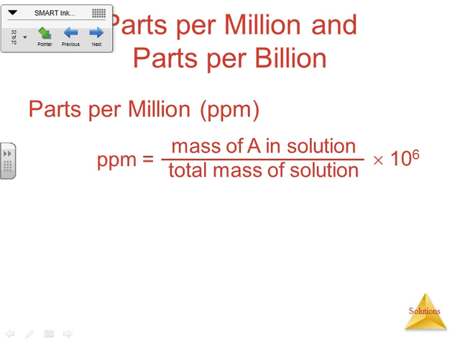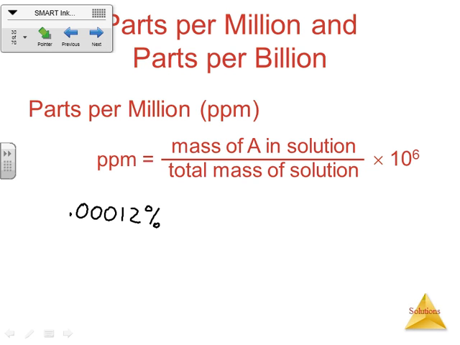Sometimes concentrations in solutions are very, very small. And so instead of writing a really small number like a mass percentage of 0.00012 or something like that, if we multiply that by 10 to the 6th, that gives us parts per million. So you just move the decimal over 6 places.